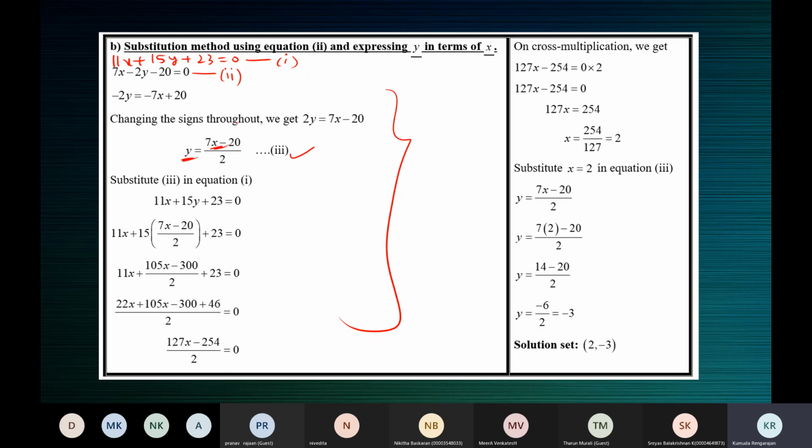In equation 1, in place of y, we are going to substitute 7x minus 20 by 2. Now that equation which had x and y in it now has only one variable x in it. Then we solve for x and then we substitute the value of x in 3 to get the value of y.